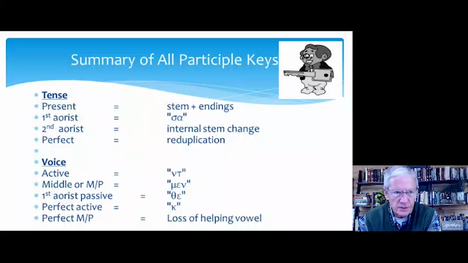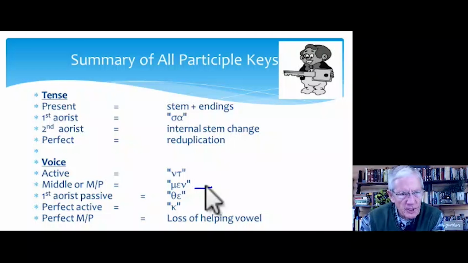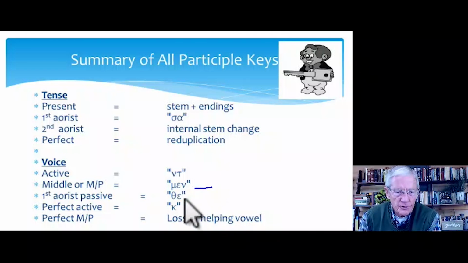Now, in terms of voice, most of our participles are going to have the nu tau, and that tells us right across the board that we're dealing with an active participle. The middle or middle passive participles contain men, either amen or just simply men. The first aorist passive is indicated by the theta epsilon, like we had with the theta eta of the first aorist passive in chapter 10.